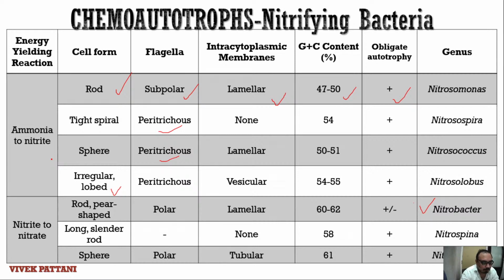It may have some type of lobed, fixed structures which can be used for their identification. Nitrobacter are rod or pear shaped. Nitrospina are long, very slender rods. Nitrococcus is spherical in shape, that is round.